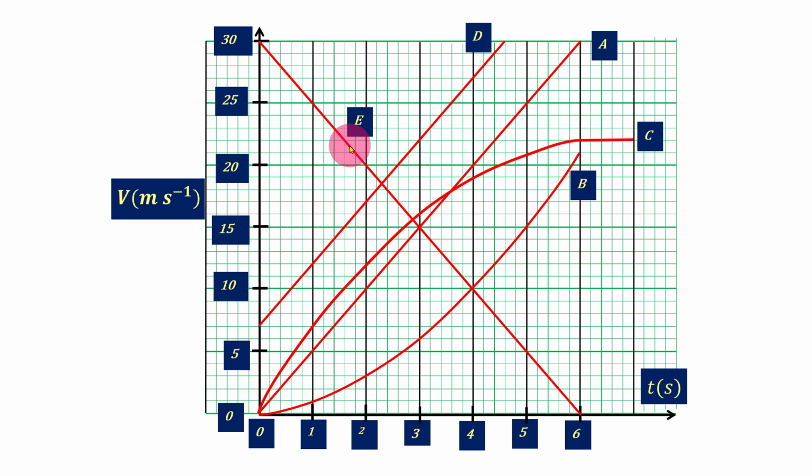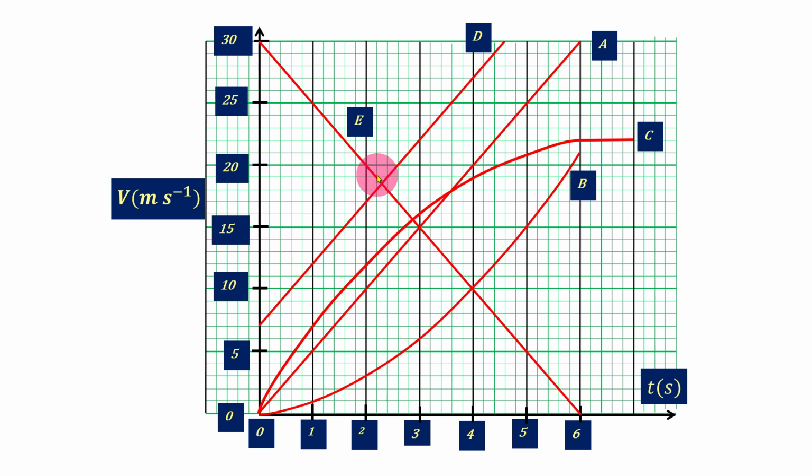If I want to use the term acceleration to describe how this object is moving, then I will say the object starts with a velocity of 30 meters per second and accelerates at minus 5 meters per second squared. And it eventually comes to rest after 6 seconds.